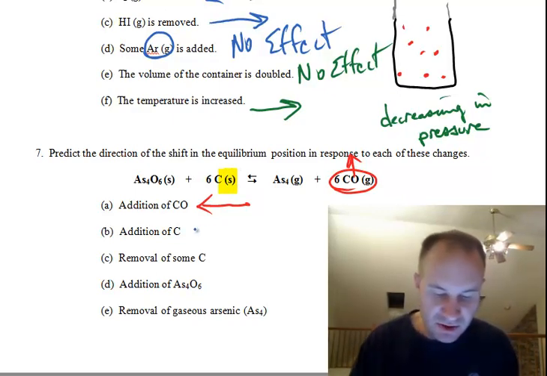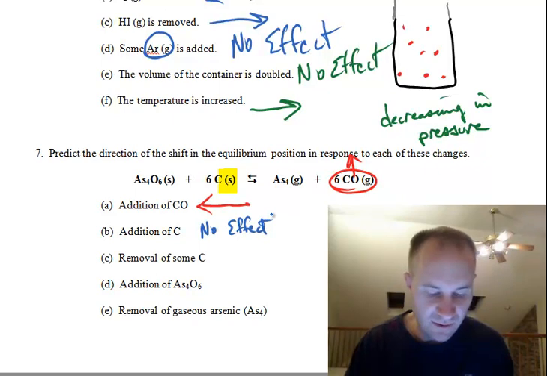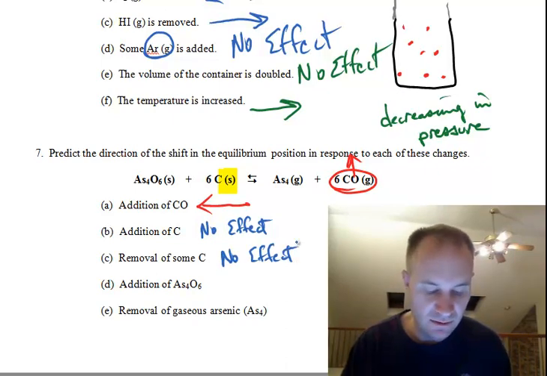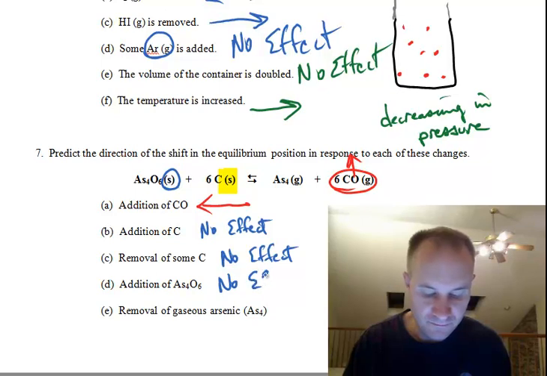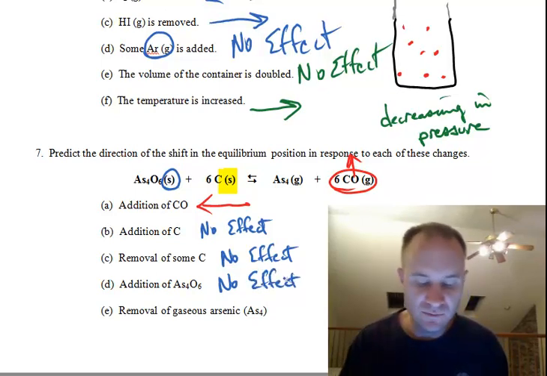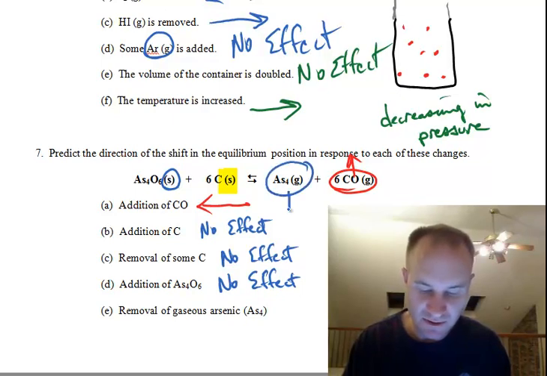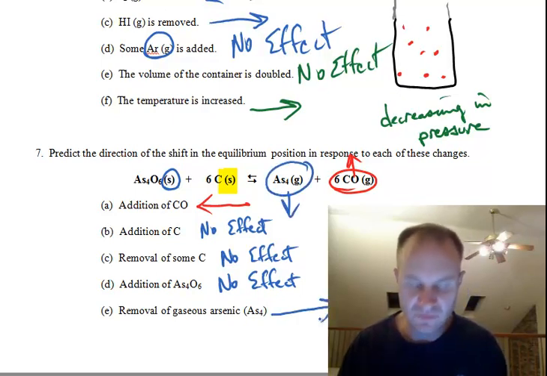If it's addition of a solid, no effect. Removal of some of the carbon, no effect. Addition of some of that, no effect. And removal of some of the gaseous arsenic, that would go to the right.